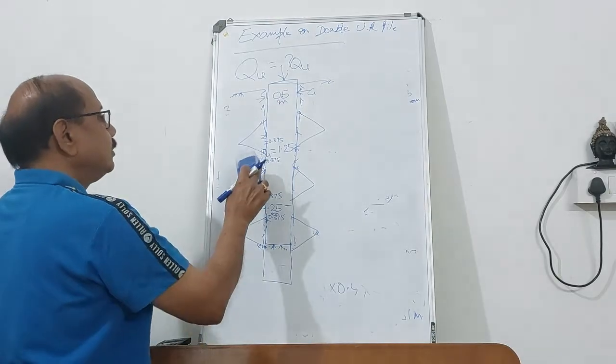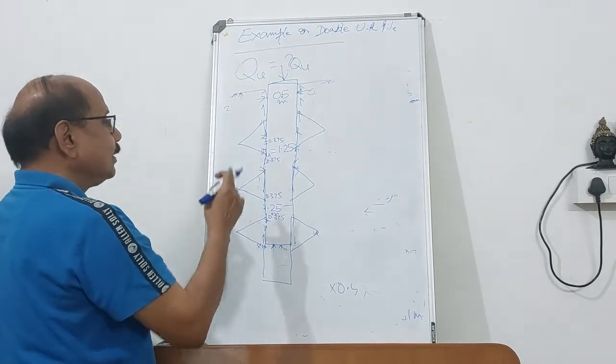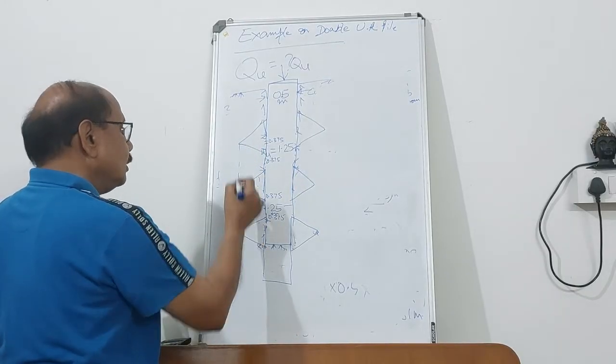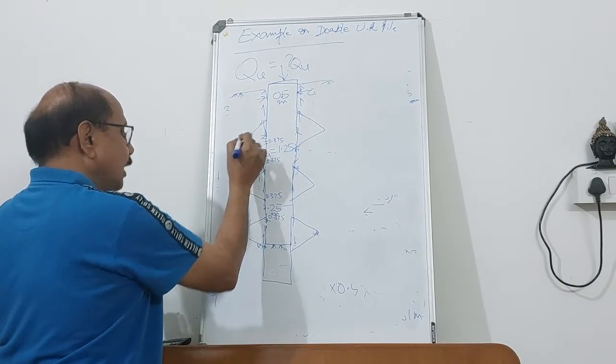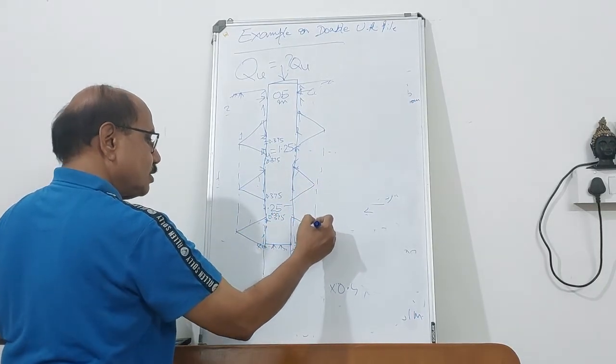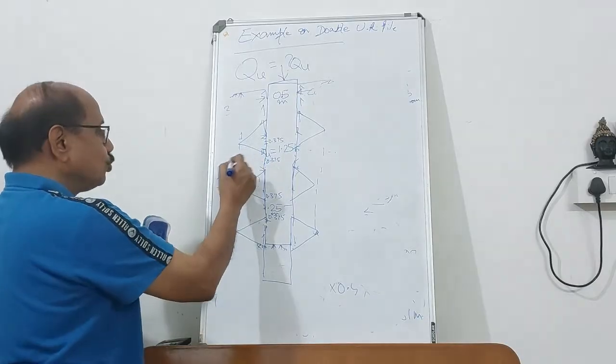This is called a multiple under-reamed pile. So between the first bulb and the last bulb, you can find out the center to center distance.